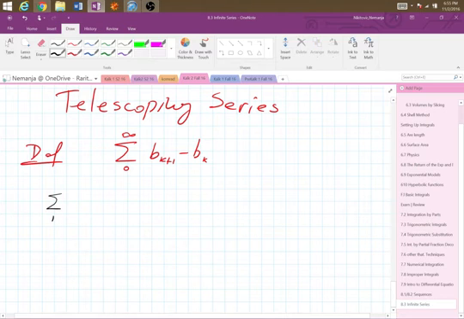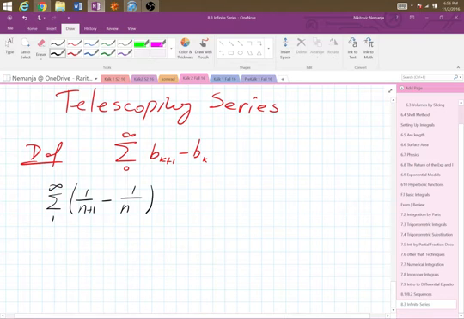Summation from 1 to infinity of 1 over n plus 1 minus 1 over n. There we go.